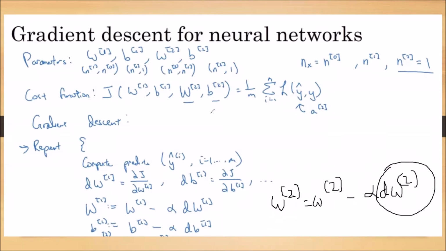Similarly, in the next step, we will write B superscript 2 as B2 minus alpha dB2. This dB2 is the differentiation of the cost function with respect to dou B2.